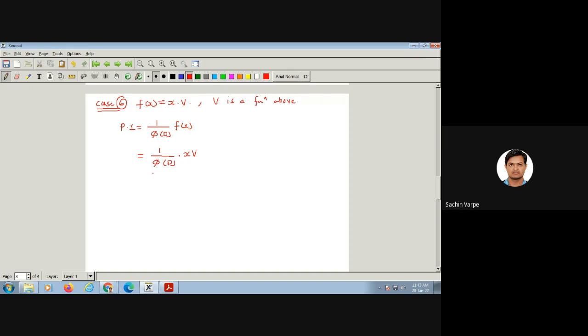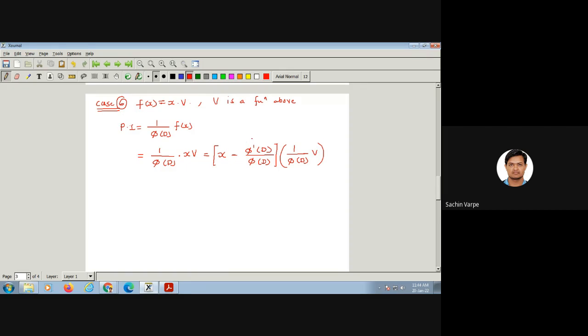Okay. So the formula is that this can be written as x minus phi dash of d upon phi of d, and this whole operated on 1 upon phi of d into v.